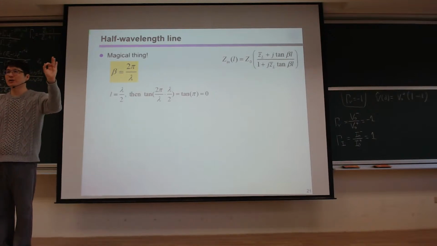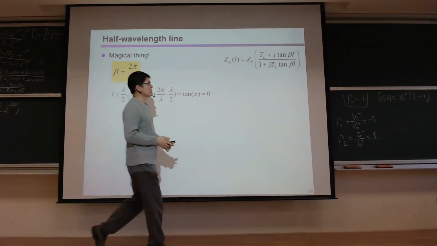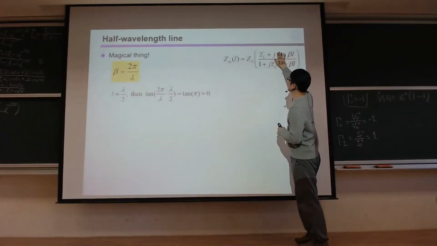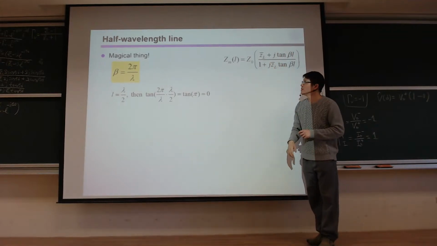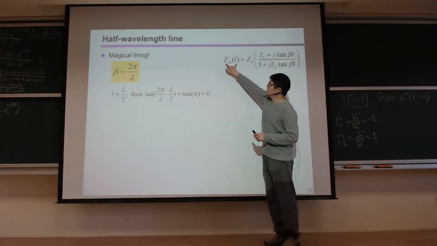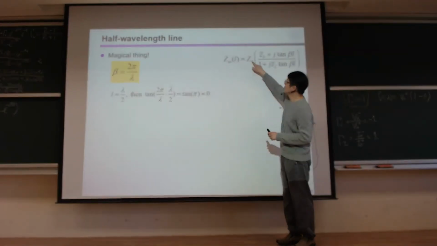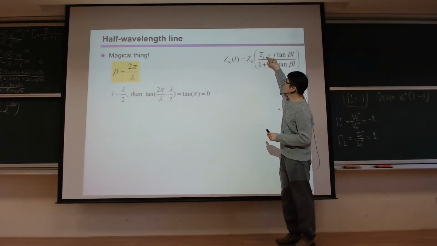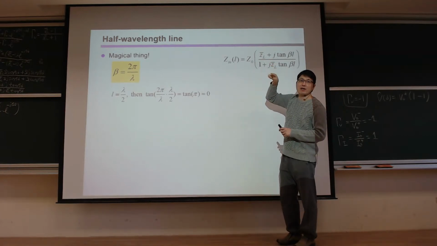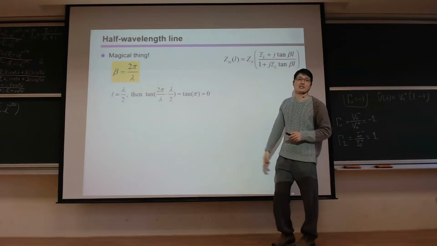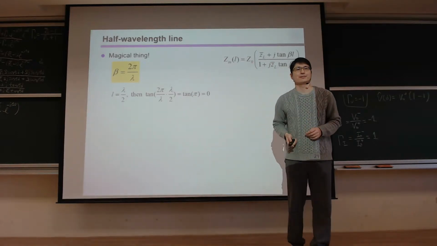Sine pi is 0. So basically, in this case, you don't have to care about these two terms. So your effective input impedance is Z0 multiplied by the normalized load. Normalized load is ZL divided by Z0. So basically they cancel. So what does that tell you?